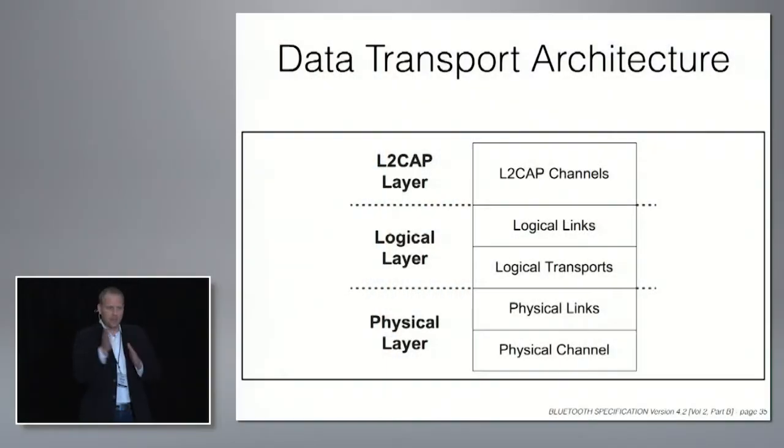The best way I can describe the data transport architecture is that it seems very modular. Depending upon what services it's providing, you're going to get a different configuration and a different pathway for how your data goes. Okay?